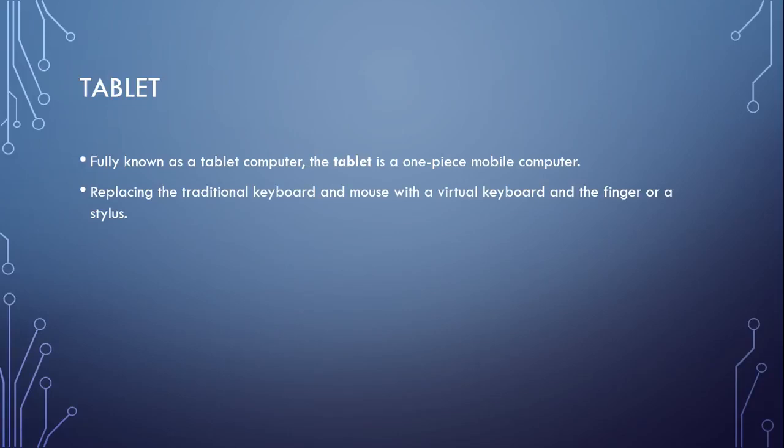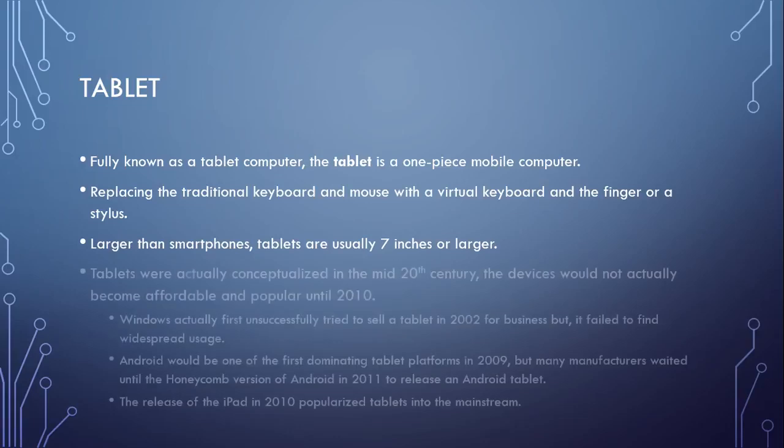Now, they're larger than smartphones, and a device is usually defined as a tablet once it hits about 7 inches or larger. You can have smartphones that really push that envelope, but typically with the tablet, 7 inches is the general rule.